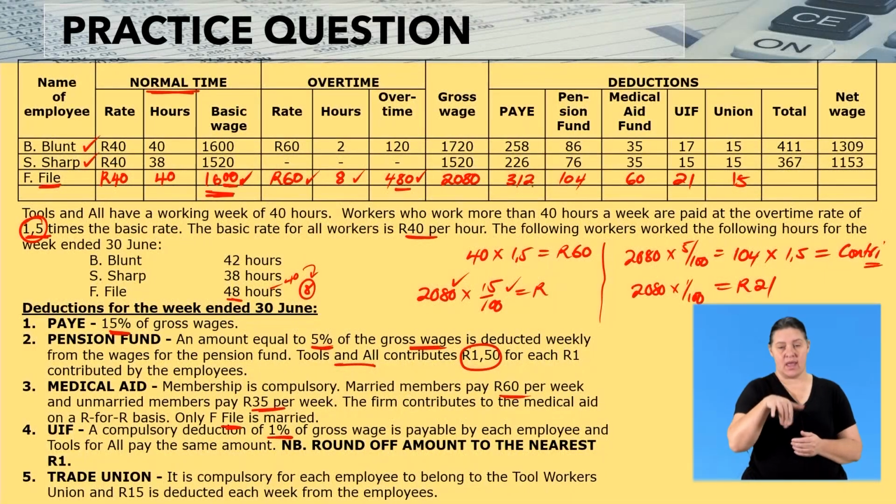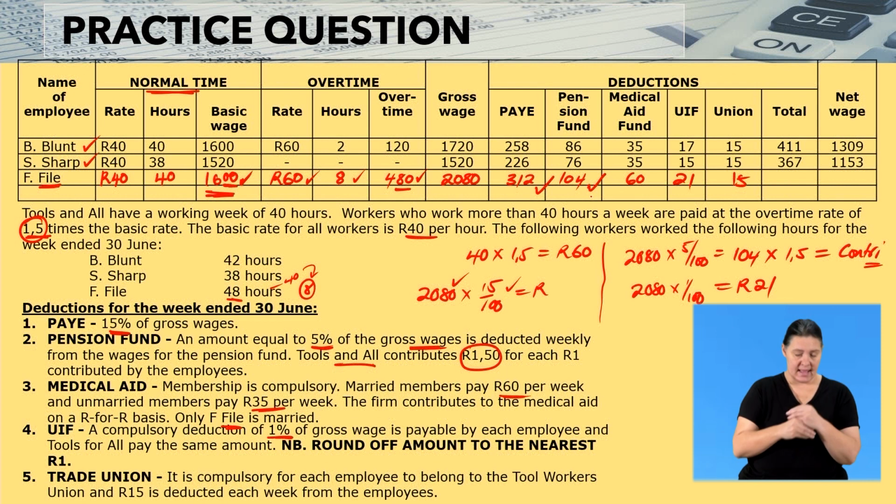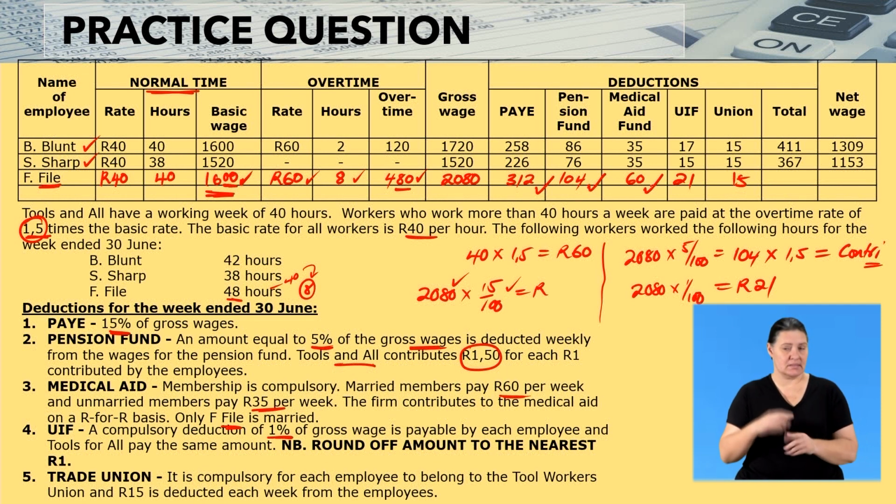Let's start punching. We're going to add our pay as you earn, which is 312 rands, plus pension fund 104 rands, plus medical aid 60 rands, plus UIF 21 rands, and lastly, the union 15 rands.